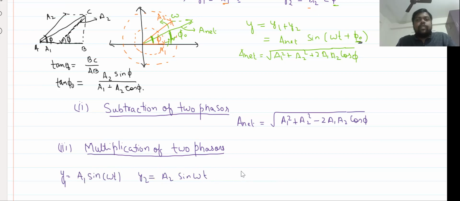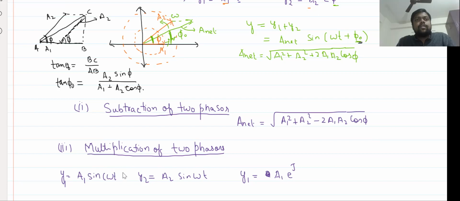So you can write this in exponent form. y1 is equal to A1 e to the power j into phi 1. Let us write this as phi 1 here, better, so that you can get a better result. Otherwise you will get result for a particular value.